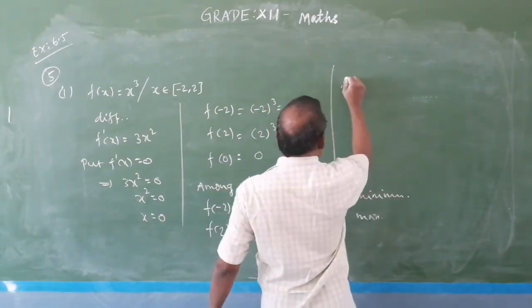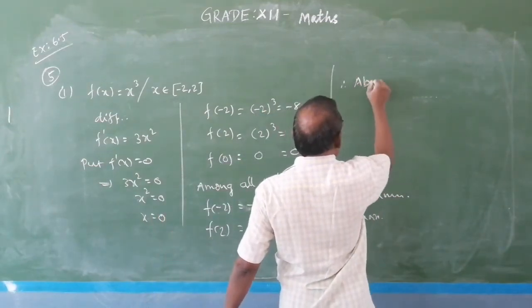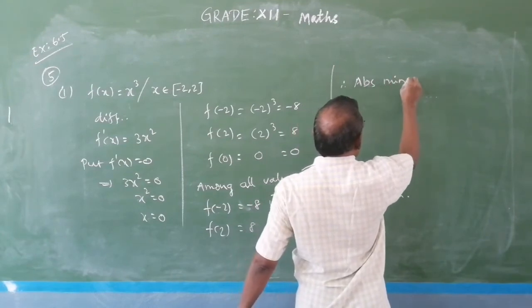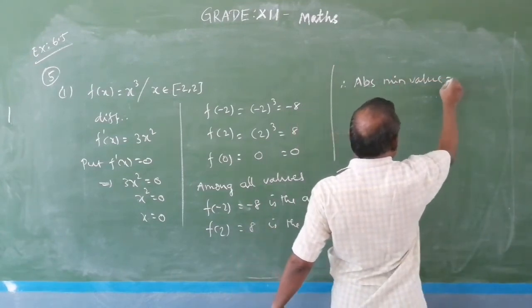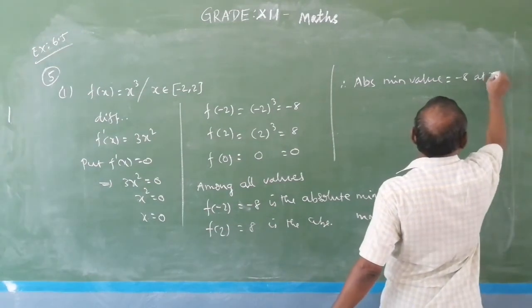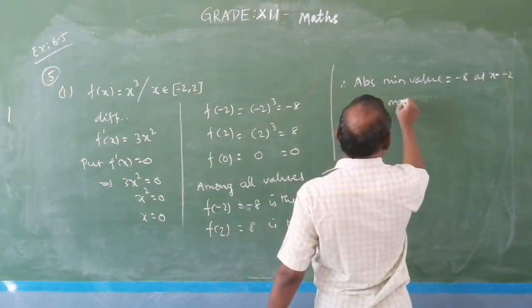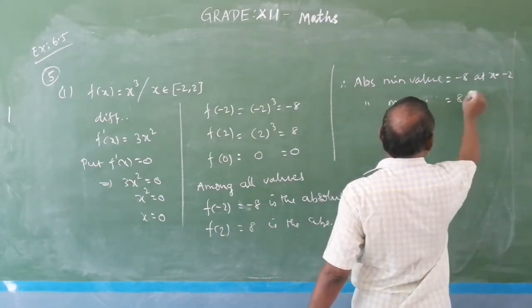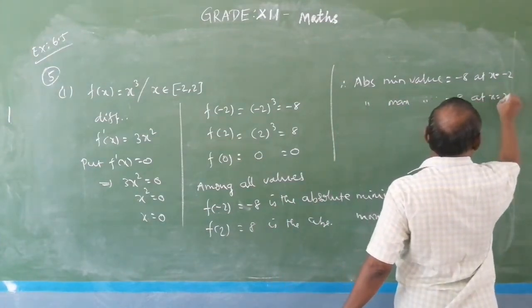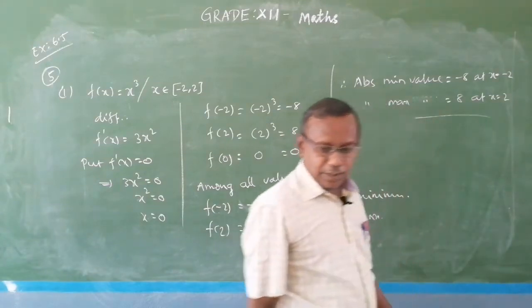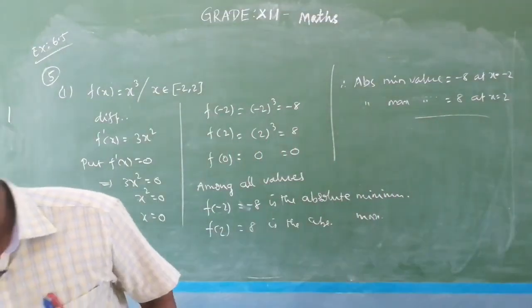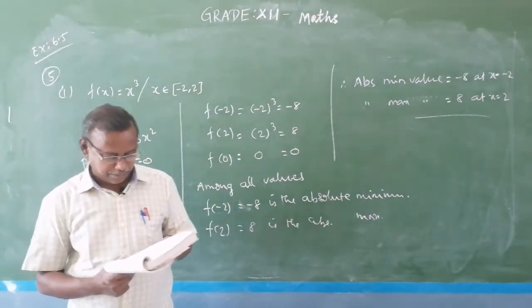Therefore absolute minimum value equal to -8 at x equal to -2 and absolute maximum value equal to 8 at x equal to 2. So likewise we can do the remaining subdivisions in the same problem.